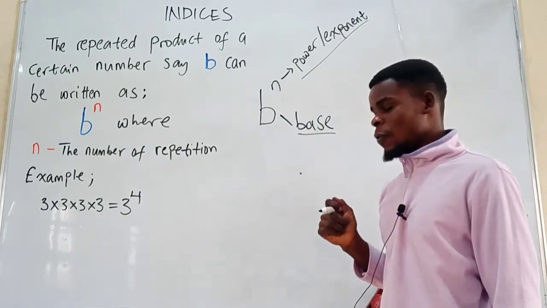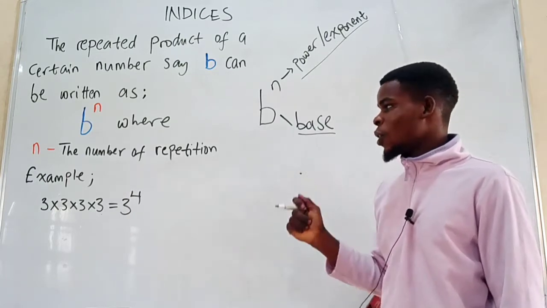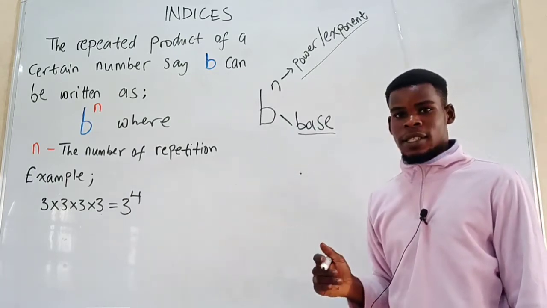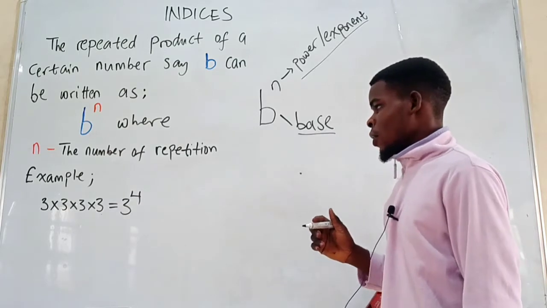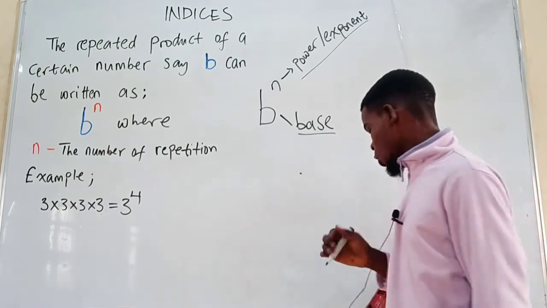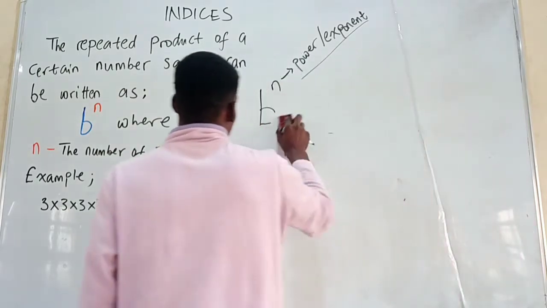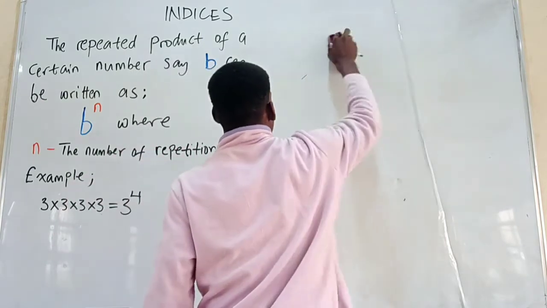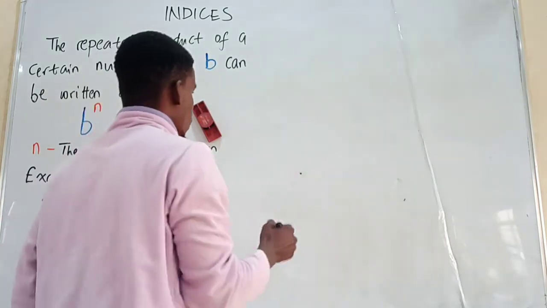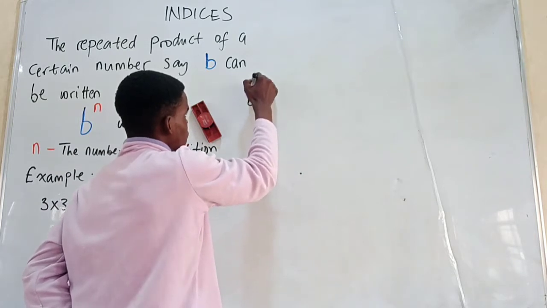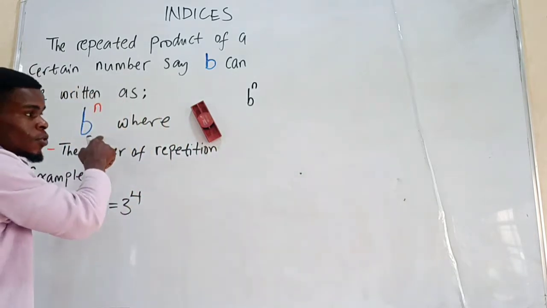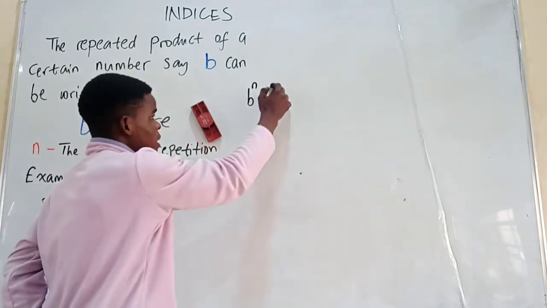Maybe I'll just give us a few examples and we're going to evaluate them using this idea. But before then, let me put down a little something for you. When we have b to the power n, we can rewrite this as follows.